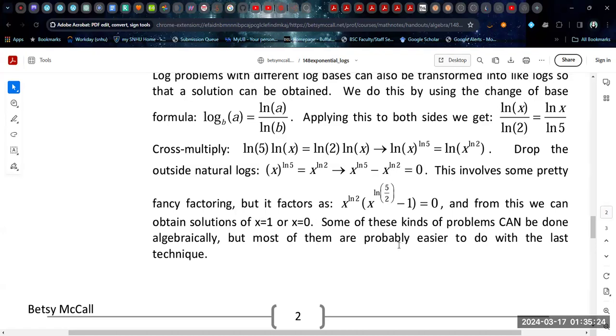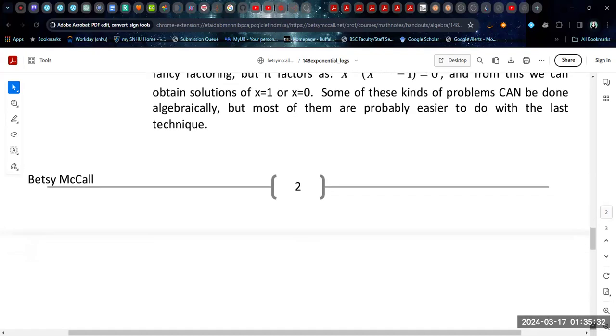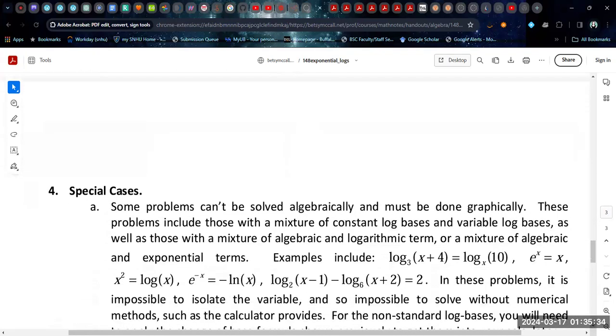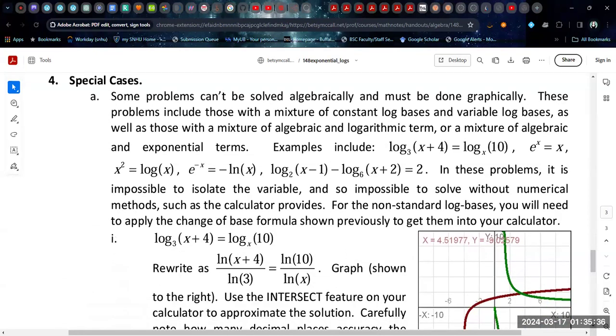Now, some problems of these kind can be done algebraically, but there is one more technique that you can use for some of these really crazy problems, and that is graphing. Now, in some problems, we're just not going to be able to solve them algebraically.